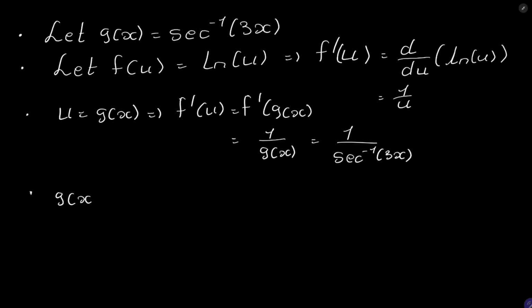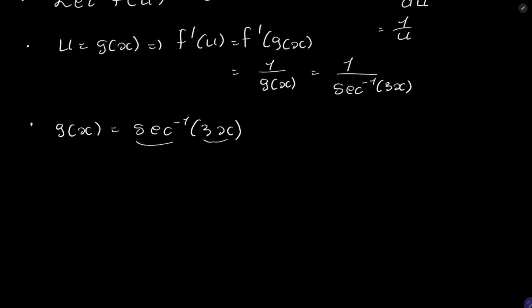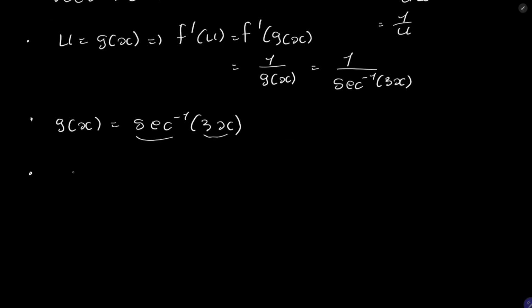Now let's calculate g prime of x. g of x is equal to sec inverse of 3x, and if you notice, g of x is still a function of another function, with our internal function being 3x and our external function being sec inverse. So what's the first thing we do?